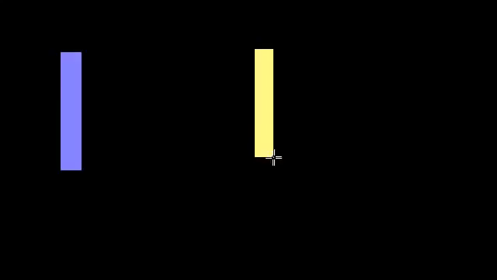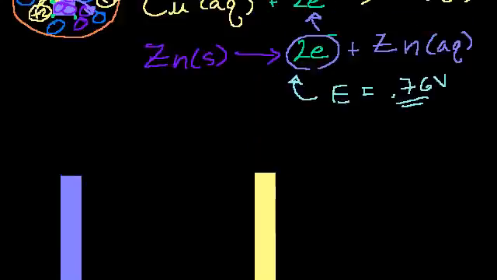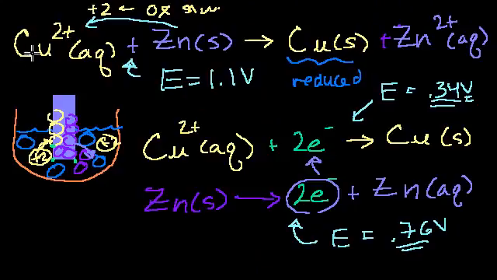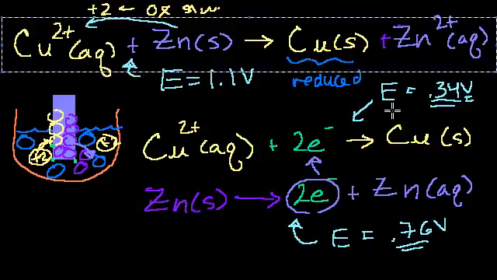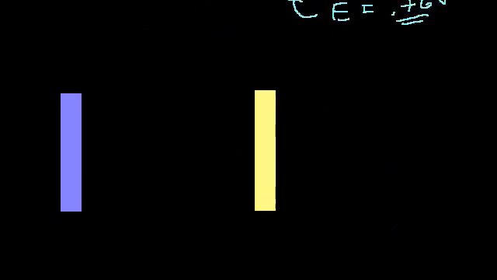So let me put my zinc bar here. I'll try to stay true to the colors that I used earlier. And let me put my copper bar there. Actually, maybe I should copy and paste what I wrote up here, just so we remember the reaction itself. Never hurts.